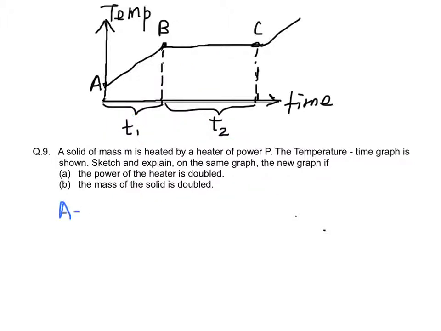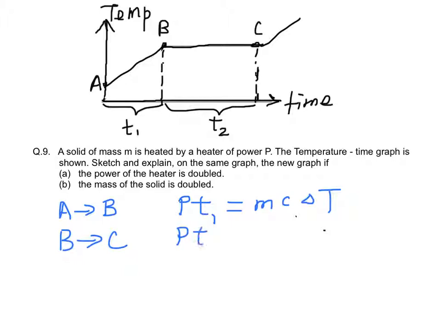From A to B, we have the energy supplied by the heater, PT1, equal to mc delta T. From B to C, the changing of state happens. The power of the heater times the time interval, PT2, equals m times the specific latent heat of fusion of the substance.